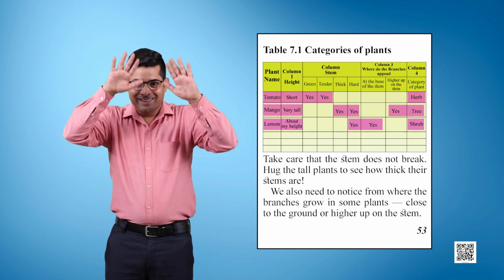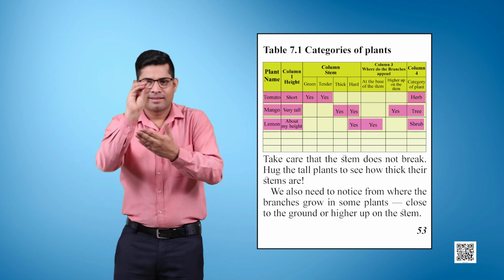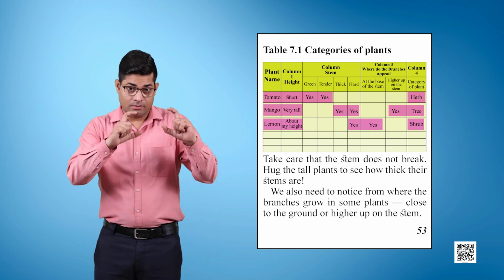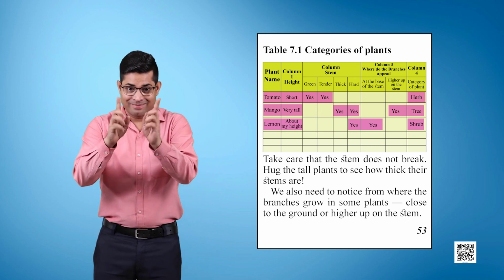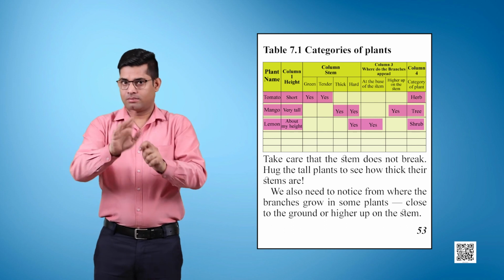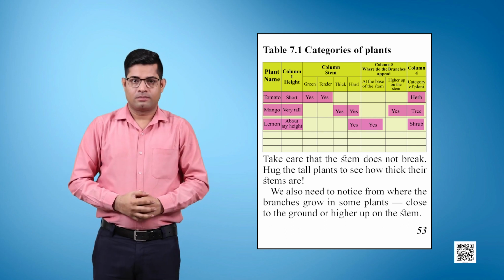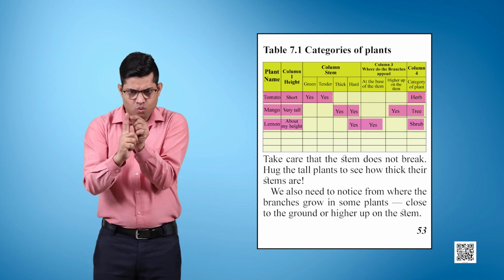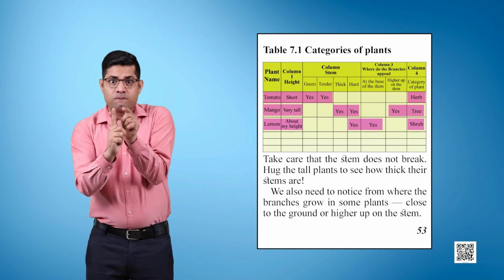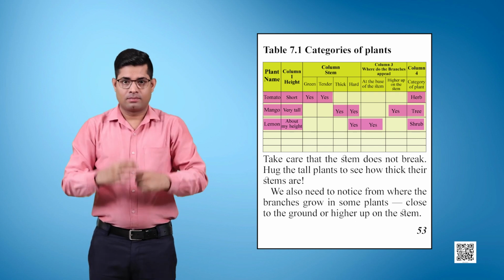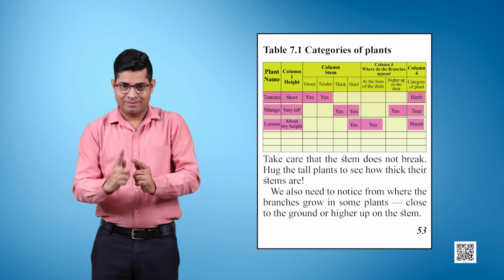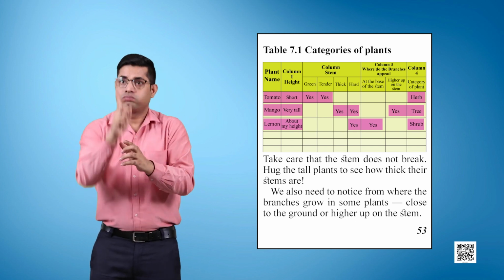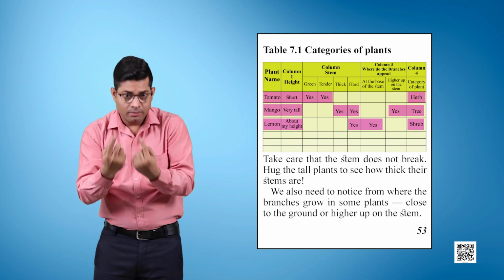Rest of the table is left blank for your observation. Complete it. Take care that the stem does not break. Hug the tall plants to see how thick their stems are. We also need to notice from where the branches grow in some plants, close to the ground or higher up on the stem.